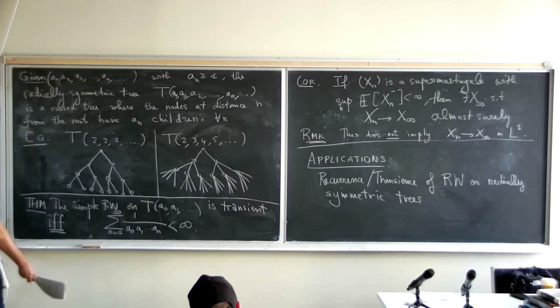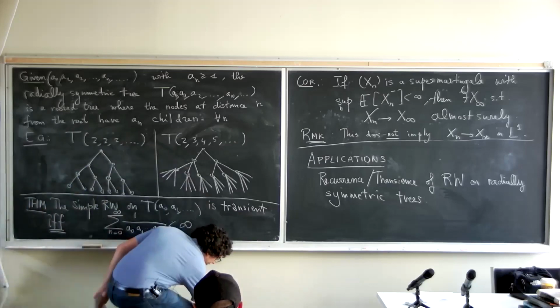So we really don't have too many choices to make it recurrent. How do we make it recurrent? Yeah, exactly. Infinitely many ones is enough. Is it the only thing that could happen?